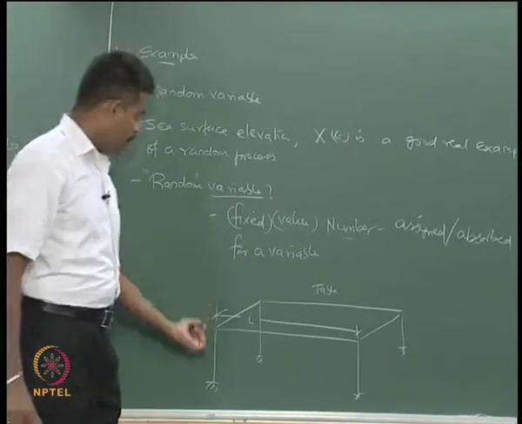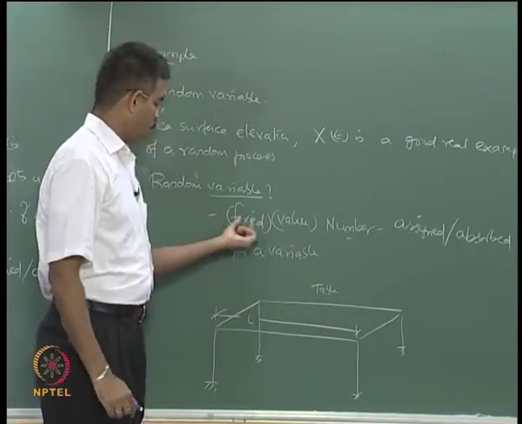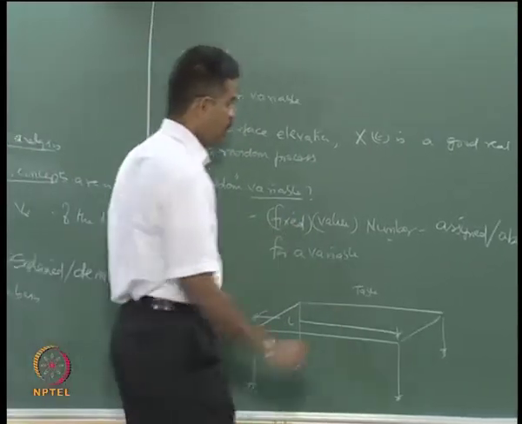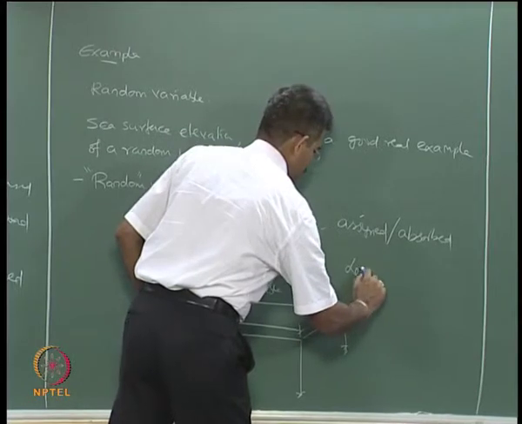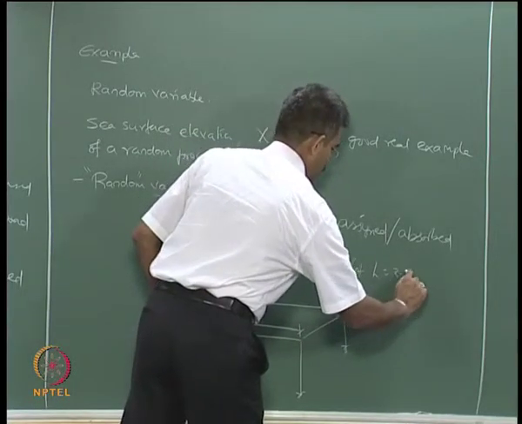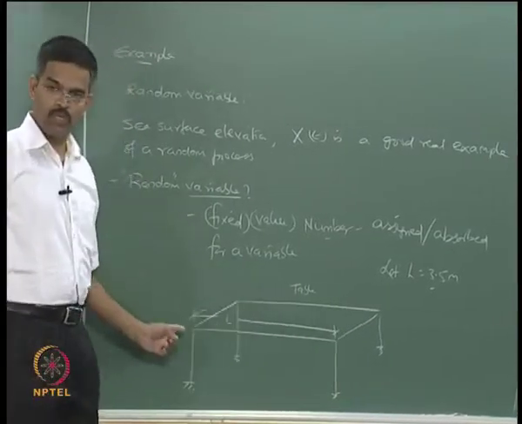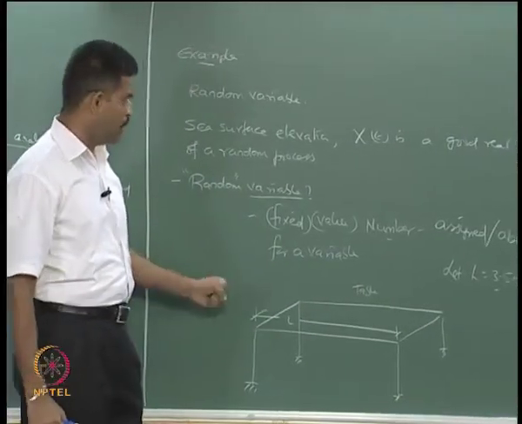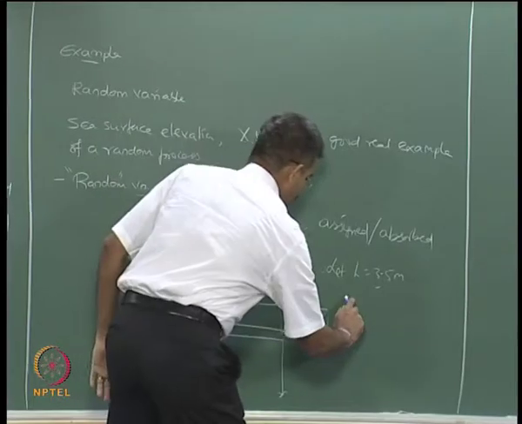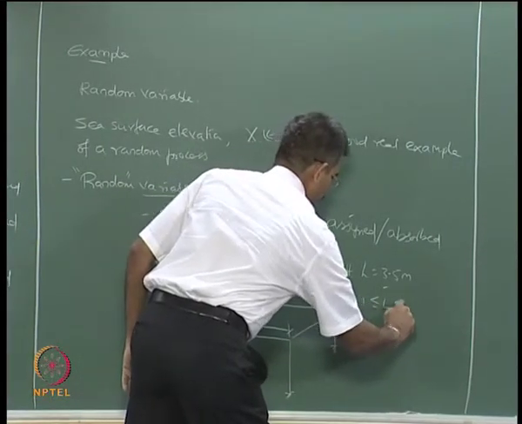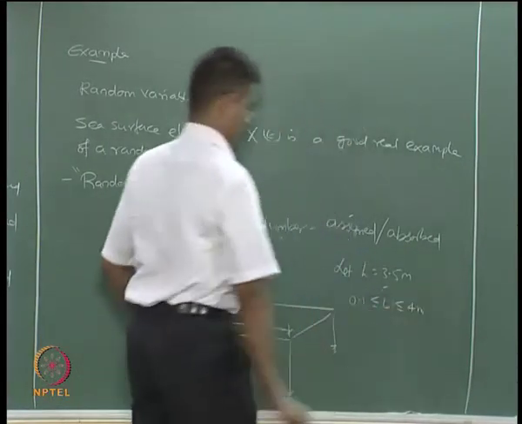Because the length of the table has a fixed number, maybe 3.5 meters, let L be 3.5 meters, but since we do not know this value without measuring, we keep guessing it anywhere varying up to 4 meters.